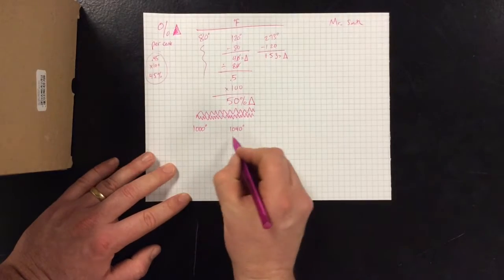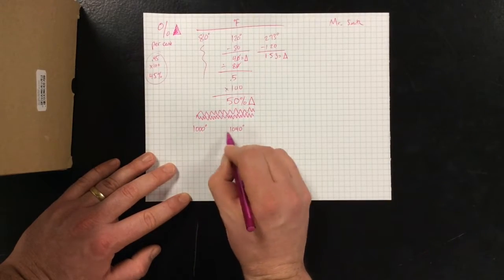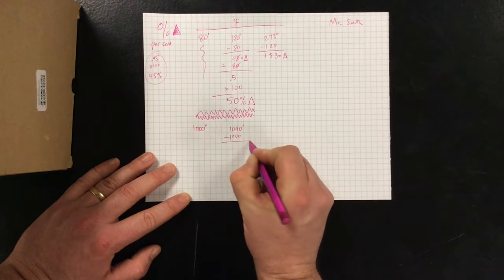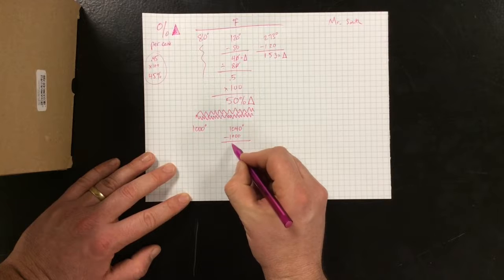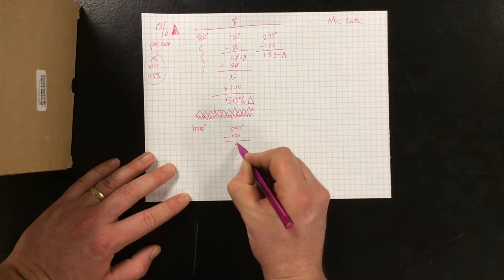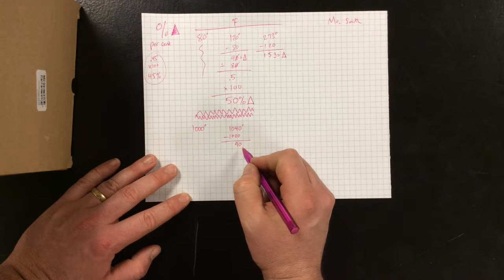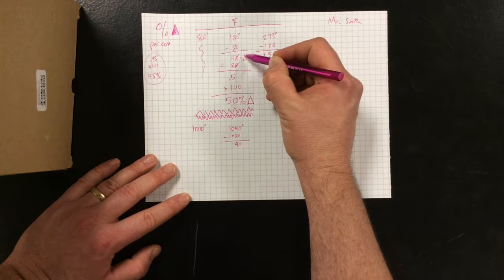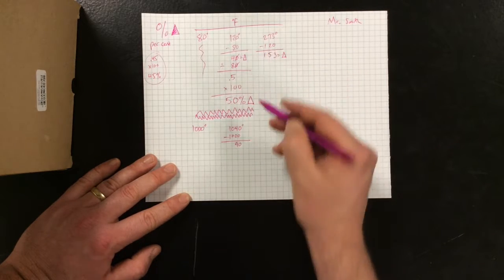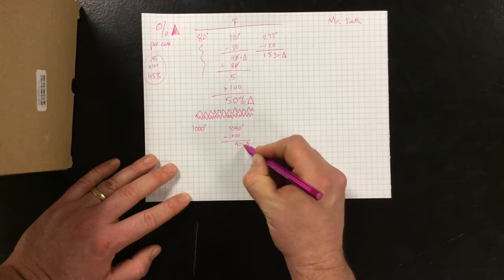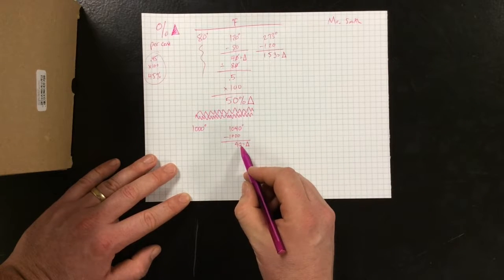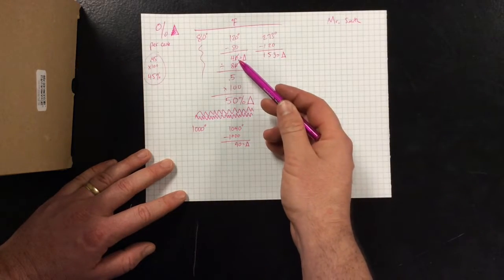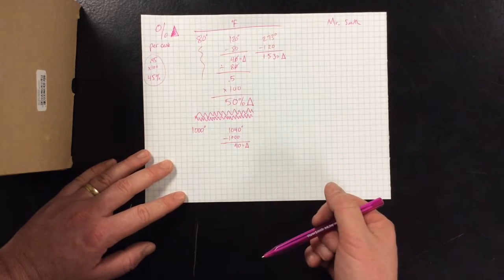Now, I'm going to find the difference first. So 1,000 and 1,040, I'm going to subtract. 0, 0 is 40. Oh my goodness. So this change is 40, and this change is also 40.